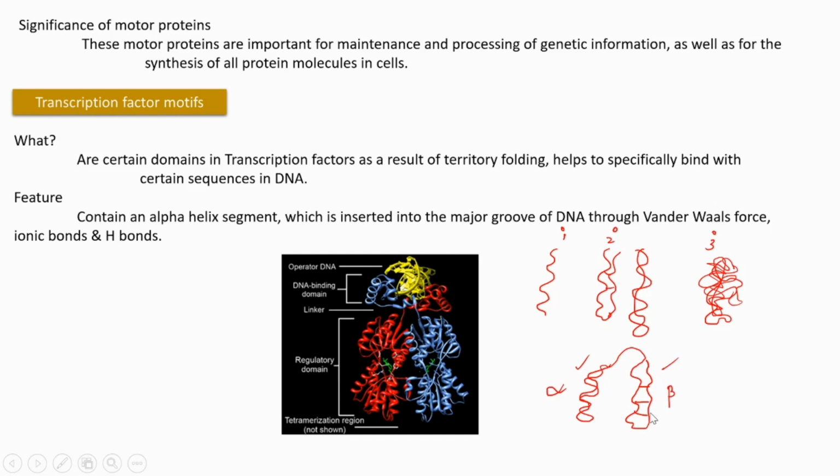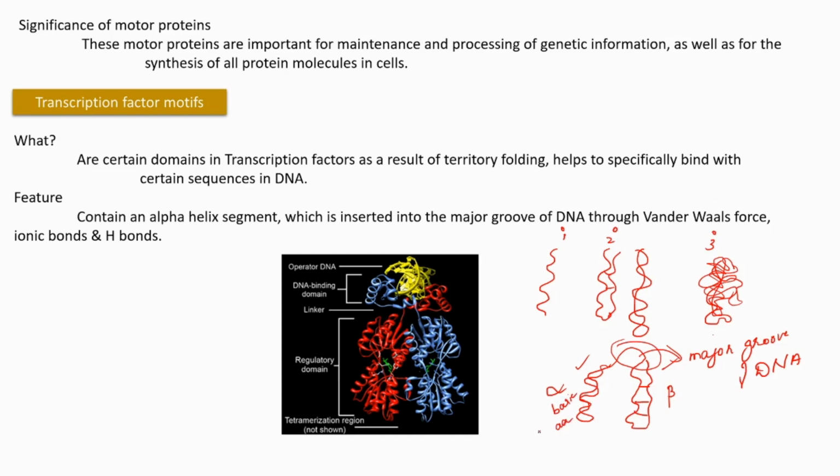Using this portion, it can insert into the major groove of DNA. Major groove and minor groove we have already learned. Also along its margin, usually in the alpha helix, it possesses many basic amino acids.